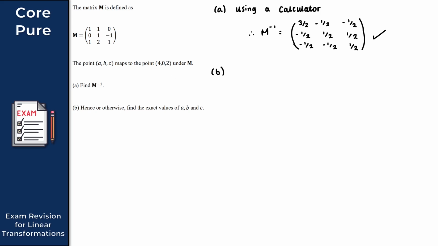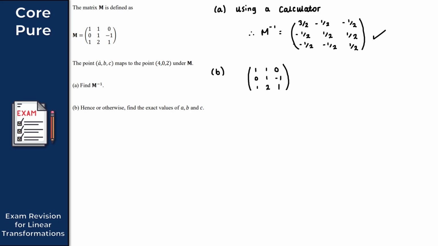So if we put that all together, what's happening here is M, which is 1, 1, 0, 0, 1, -1, 1, 2, 1. Let's quickly jot that down. So 1, 1, 0, 0, 1, -1, and then 1, 2, 1. That's the matrix M, right?